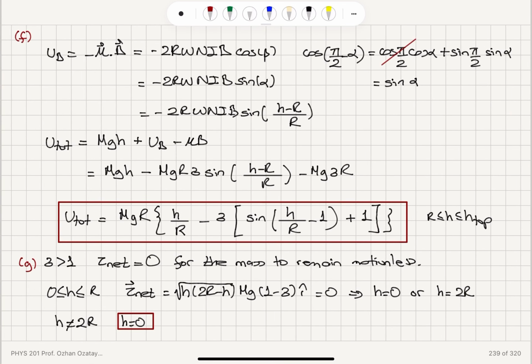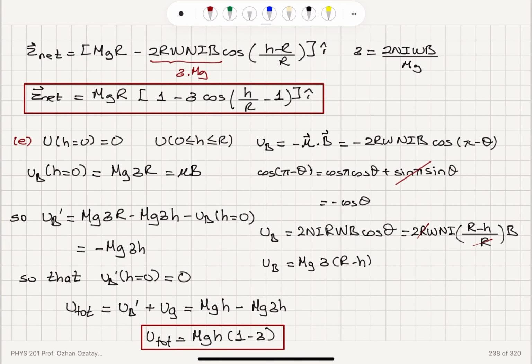Okay, so in this part of the problem, I have calculated the potential energy, assuming that the total potential energy is 0 for h equals 0. The potential energy has two contributions, the magnetic contribution, minus mu dot B, and the gravitational contribution, mgh. This is already 0 when h is equal to 0.